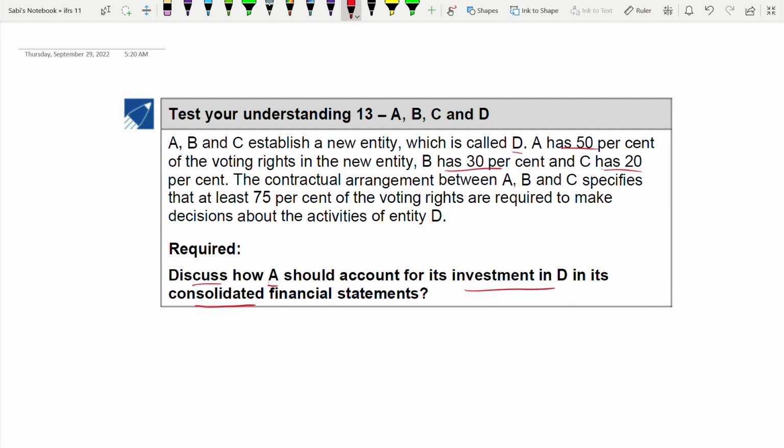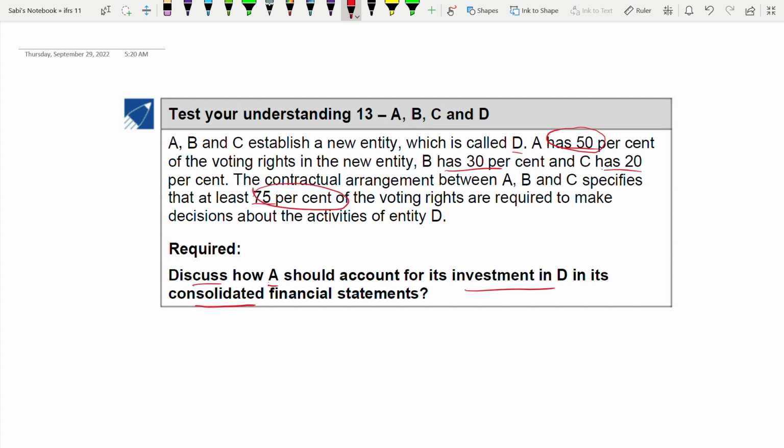The contractual arrangement between A, B and C specifies that at least 75% of the voting rights are required to make decisions about the activities of entity D. So now, tell me how this will be accounted for. Look at A. A only has 50%, but to make any decision you need at least 75%.